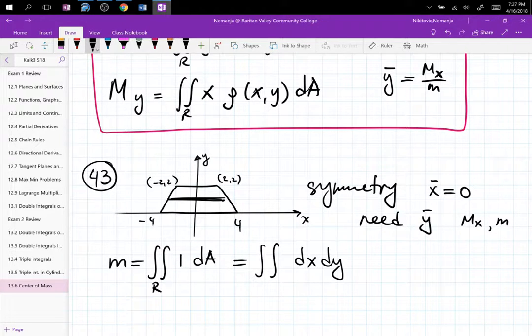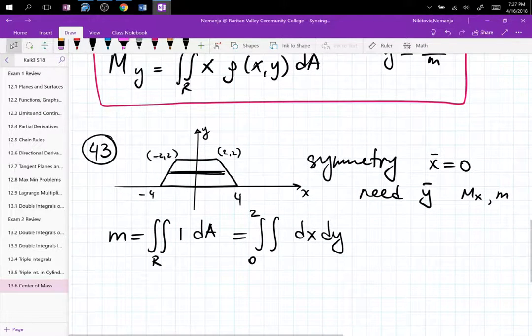Now for dy, that's 0 to 2, because the lowest it can go is the x-axis, y equals 0, and the highest it can go is y equals 2. The inner integral will be the 2 linear lines on the side. These lines start at -4, go to -2, and intersect the y-axis at +4.